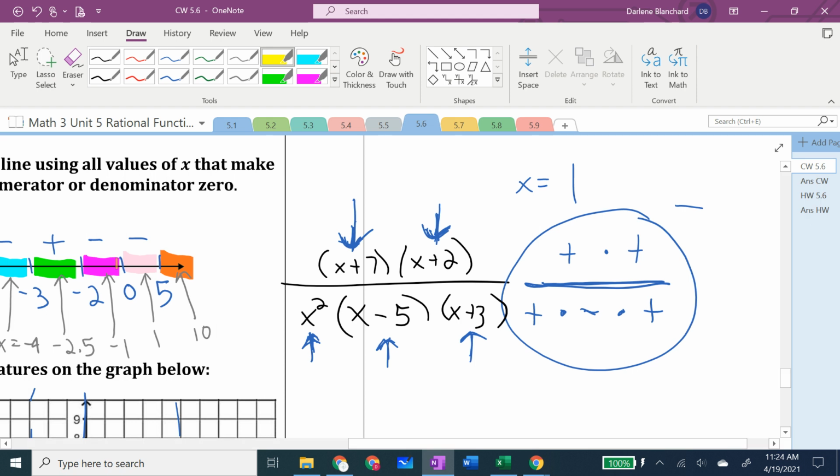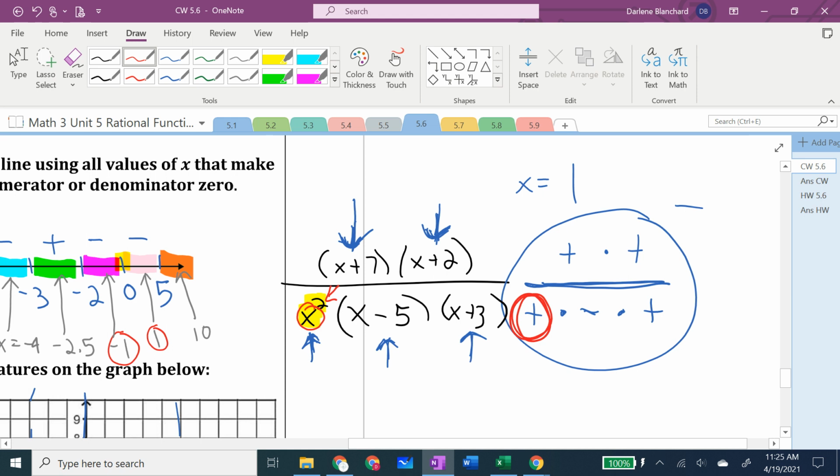Because as I crossed over 0, that 0 factor came from x squared, because x squared is 0 when x is equal to 0. That squared issue forced this factor to be positive at all times. So when I went from -1 to +1, x by itself was supposed to change sign, but because it's squared, it won't go through a sign change.